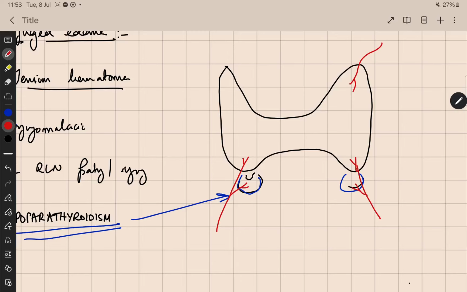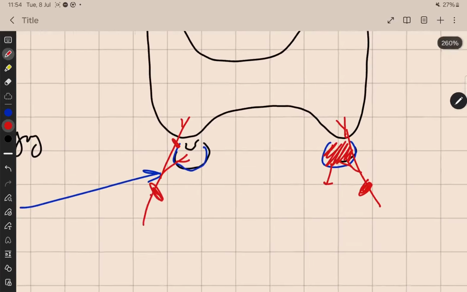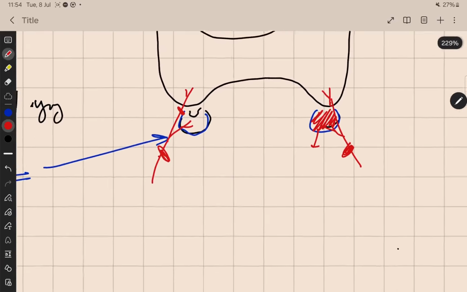Suppose there is a vascular insult to the arteries. Suppose we ligate the artery here instead of ligating here, we're ligating here. So you see, the vascular supply of the parathyroid gland is also getting stopped. So the parathyroid gland will not receive blood supply, and then it will cause damage to the parathyroid gland, which will further lead to hypoparathyroidism.